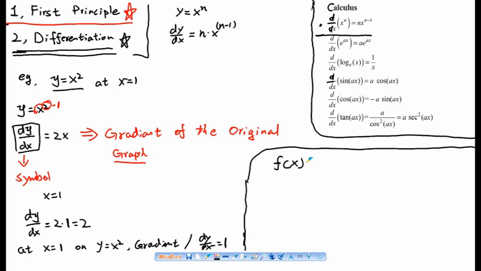If I have a function f of x equals x squared, the differentiation or the gradient of this function is f dash x equals 2x, and when I substitute x equals 1, it is 2 times 1, which is 2.